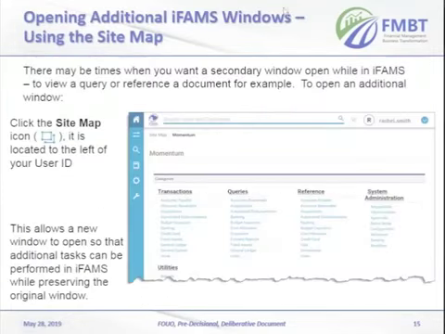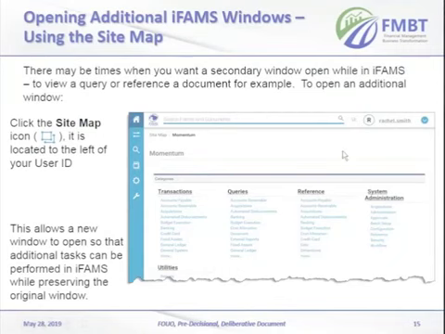So I mentioned earlier the site map. This is where it opens a secondary window where you're able to view a reference, a query of a document. So that is actually these two squares here to the left of your user ID.